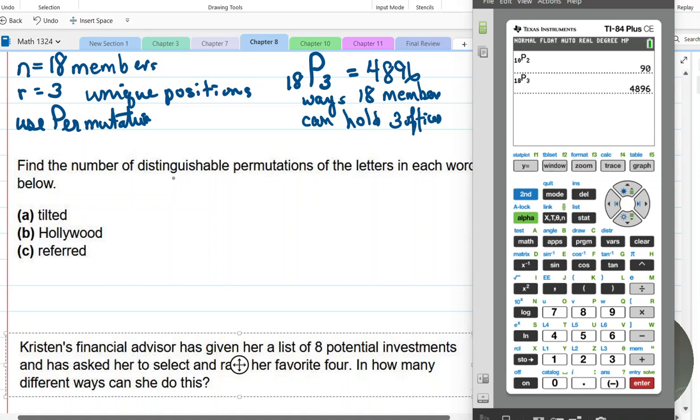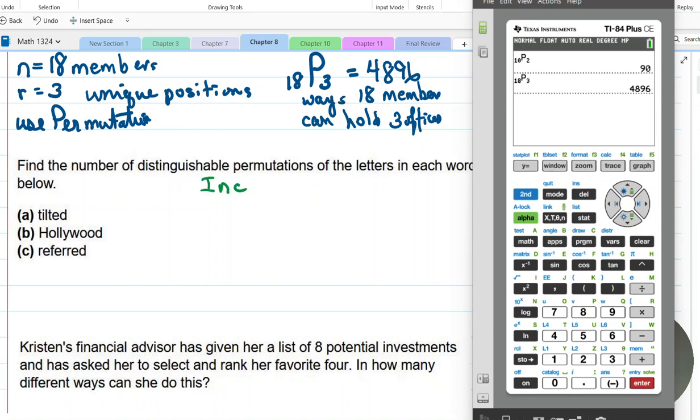Find the number of distinguishable permutations of the letters in each of the words below. So now we're going to have to include adaptation to repeating letters.